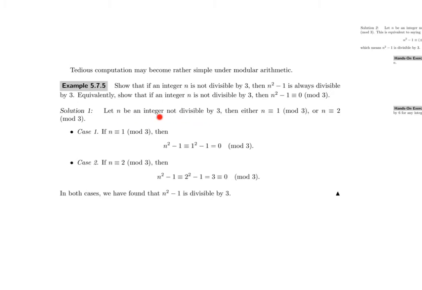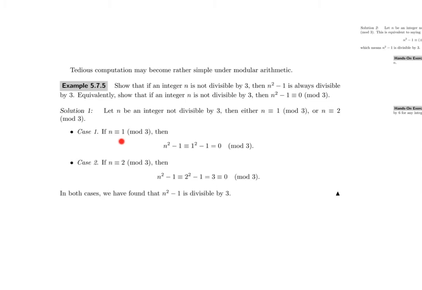That's what we're assuming. The only two possibilities then are that n is congruent to 1 mod 3 or n is congruent to 2 mod 3. So we have two cases, just like we've done in similar proofs previously, but we're not going to have to manipulate any weird algebraic expressions because we have this new language that cleans things up.